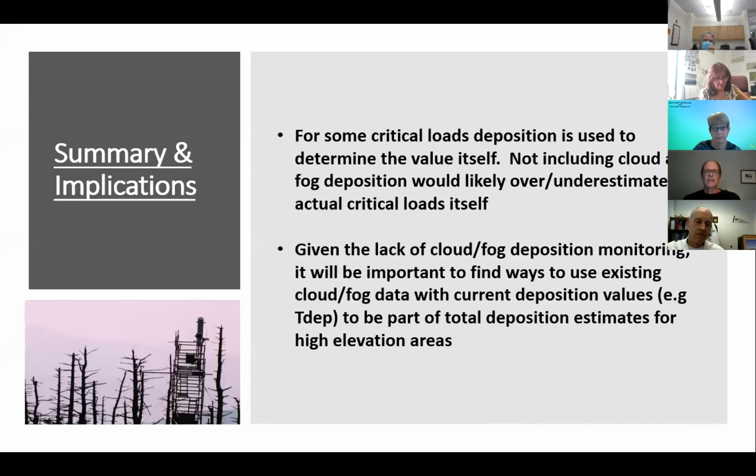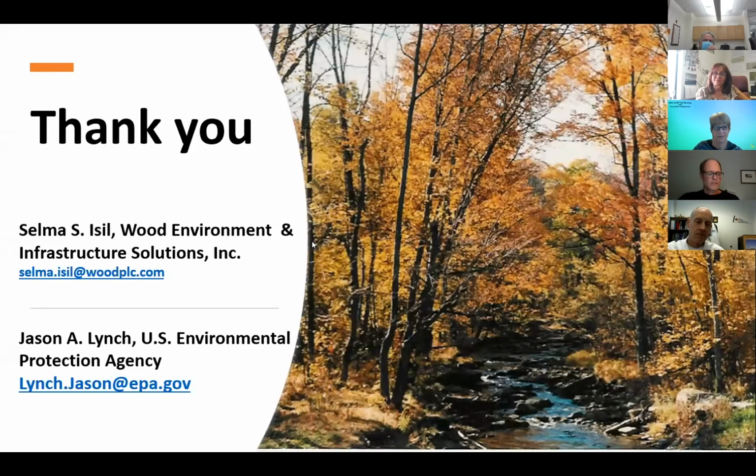And I just want to challenge the group out there to think about how we can bring together cloud and fog data into TDEP and other deposition products so that it can be better represented in our national models. Thank you to everyone, and we're happy to take some questions.